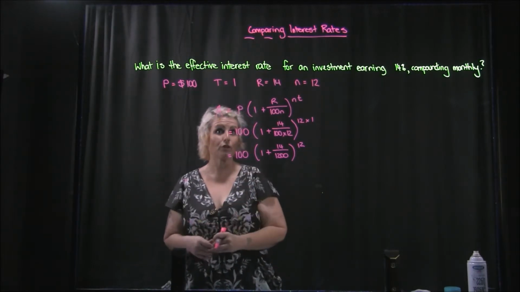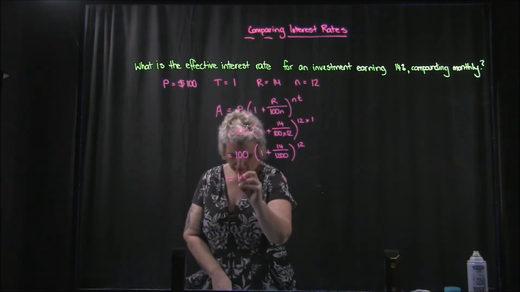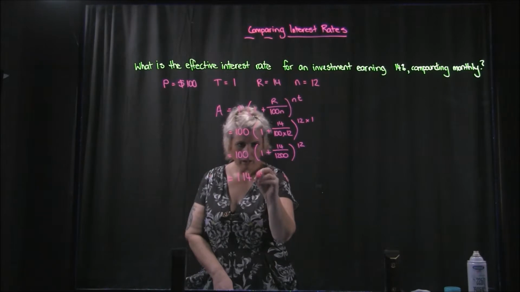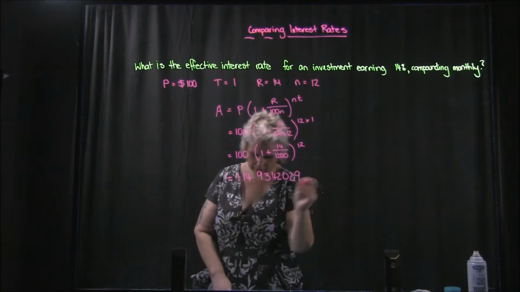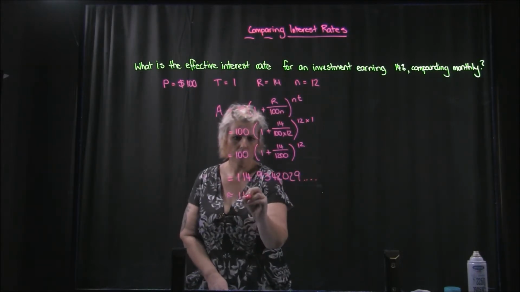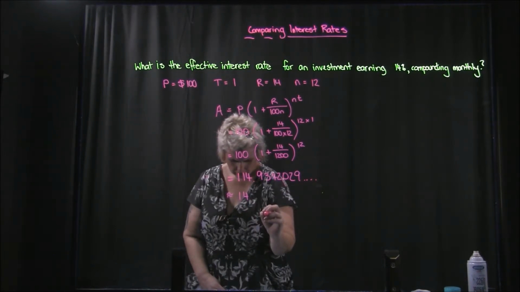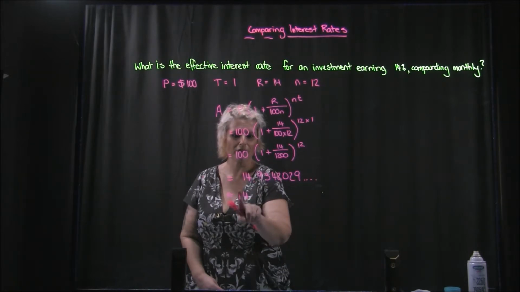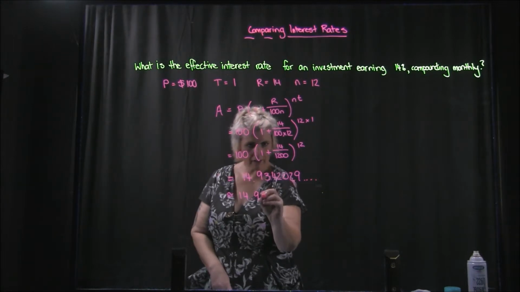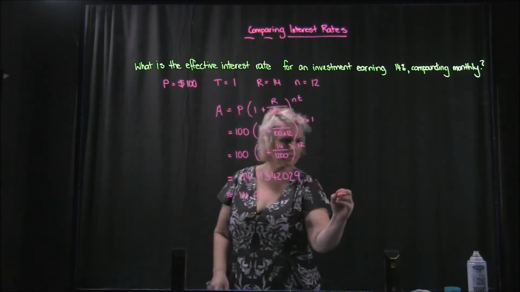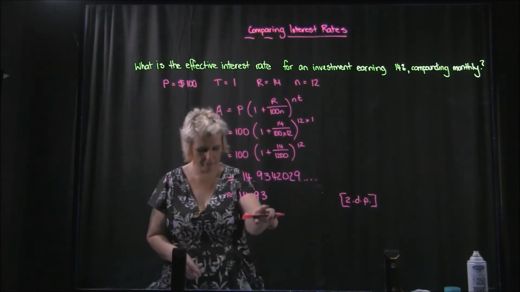I don't think I need to keep doing all of those steps for you. Once I calculate that all out, I end up with 114.934229, and it keeps going. So we'll round to 2 decimal places, and I'll make sure I indicate that with my communication.